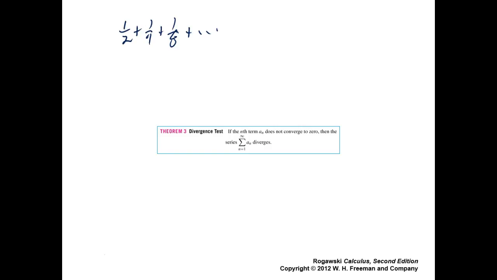Okay? So what they do, and let this be the series, and then they say, multiply this series by 2, which is okay to do. 2 times 1/2 is 1. 2 times 1/4 is 1/2. 2 times 1/8 is 1/4. 2 times 1/16 is 1/8, and keep on going infinitely.